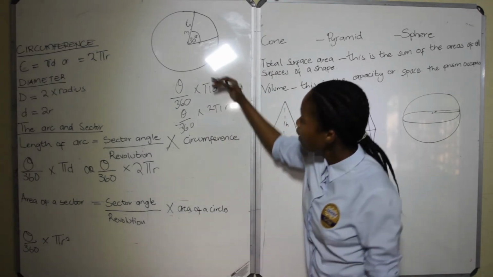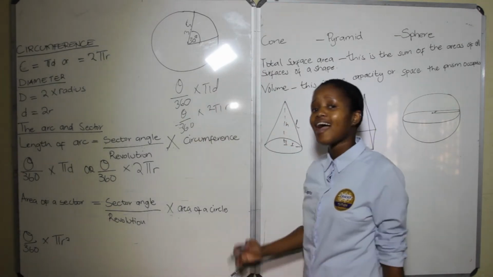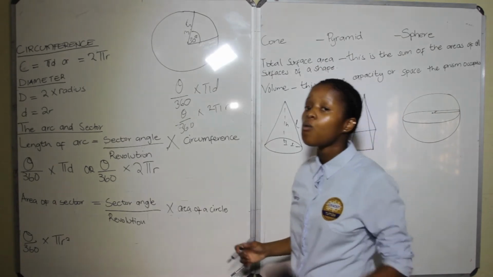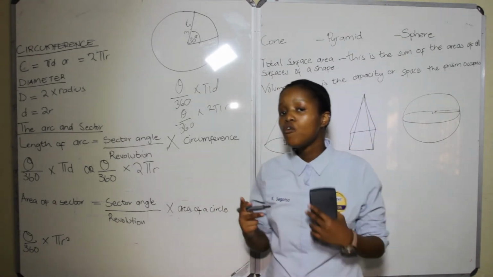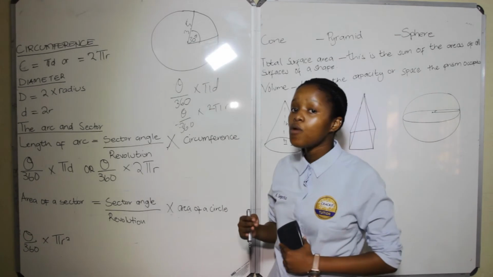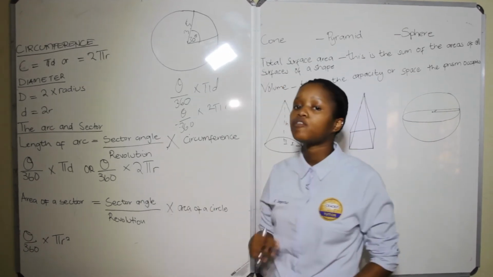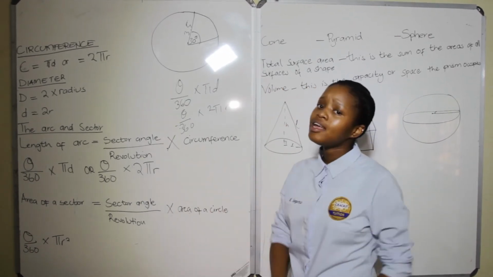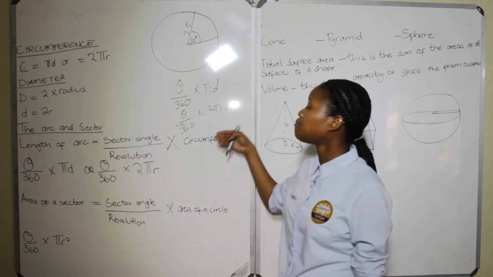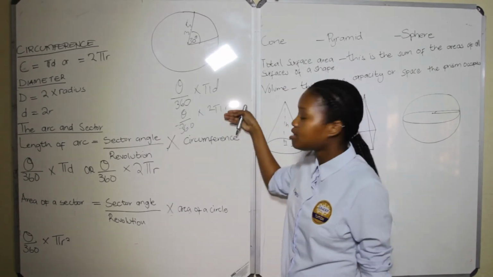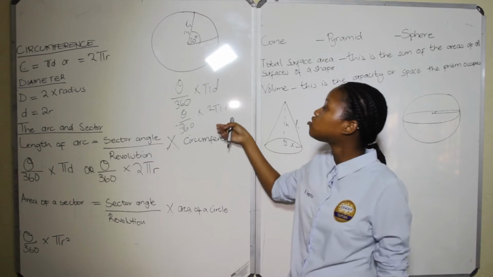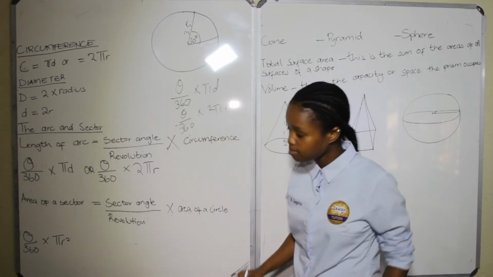Why do I have 2 formulas again? Remember, we alternatively use 2 formulas for circumference. We have the pi d one and we also have the 2 pi r one. When you're not given the diameter, you can use the one for the radius. When you're not given the radius, you can use the one for the diameter.